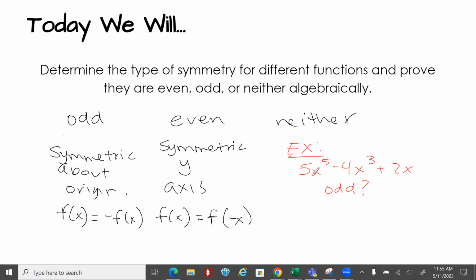So watch this. This is magic. Negative x goes in. Okay, and we're trying to determine if it's the same or if it's different.